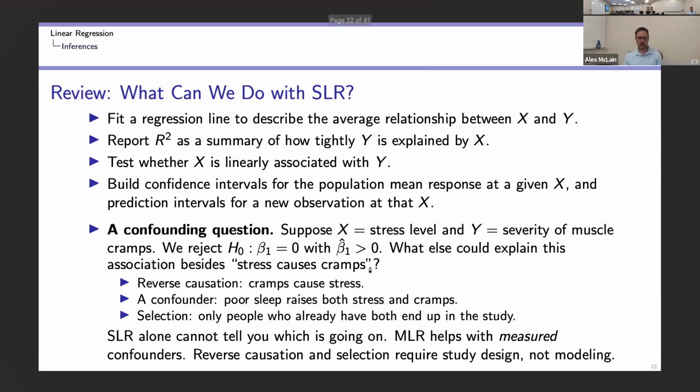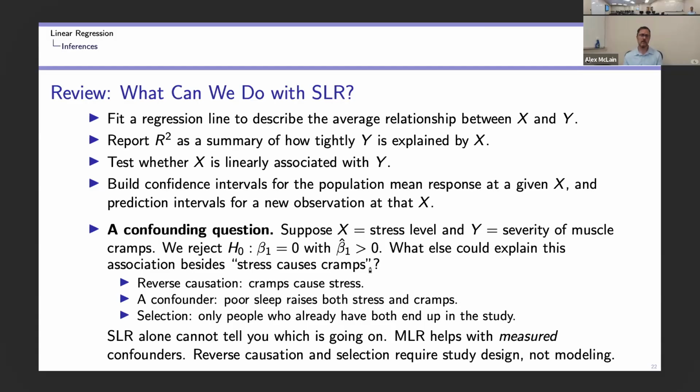So what can we do with a simple linear regression? There's a few things. We can fit a regression line to describe the average relationship between X and Y. When we did this in the Framingham data, we found that every time someone ages a year, we would expect their systolic blood pressure to increase by 1 point.